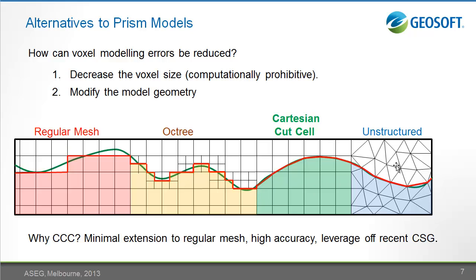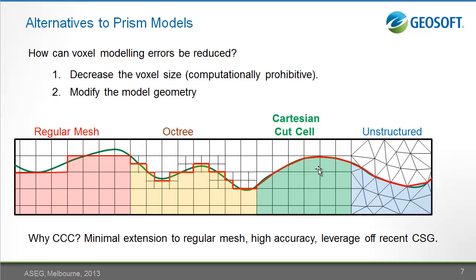And on the extreme right, we have another method which is to move to an entirely unstructured grid. Usually these are tetrahedra in the three-dimensional case, and we can see that you can do quite a good job of representing the surface with the unstructured mesh.